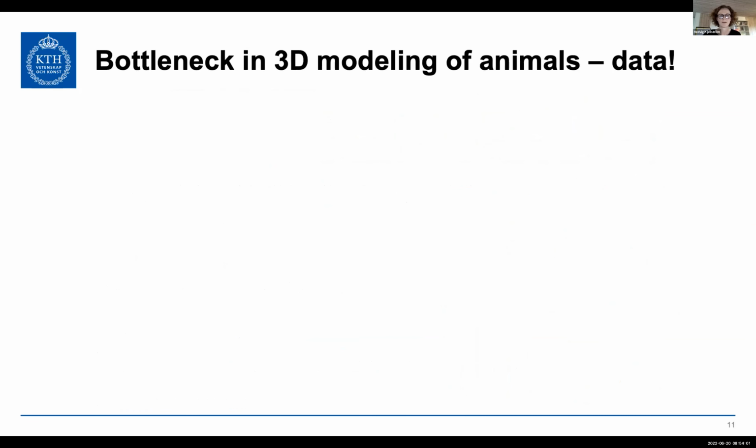So when we're developing H-small, the greatest bottleneck is data. It's data of the shapes of horses and how they vary.